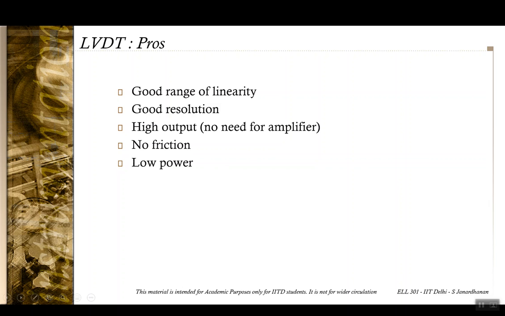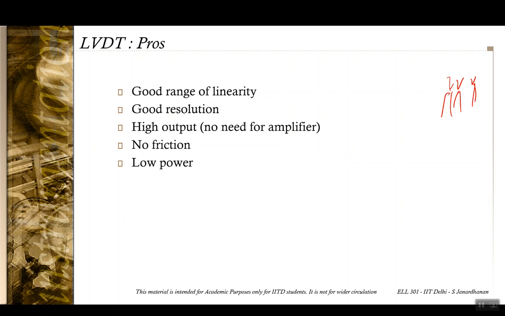Now let's again revise the pros and cons of the LVDT. Because of its nature, it has quite a good linearity range. It will have good resolution, because unlike resistance transducers, you don't have a stepped wiper.